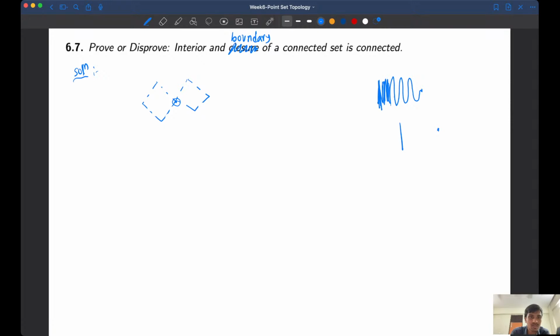But here I'm working in the subspace topology of R2, so this point cannot be an interior point of either set. That means the interior of this set is a disjoint union of this thing and this thing, which is clearly disconnected. So the interior is not connected, and the boundary is also not connected.